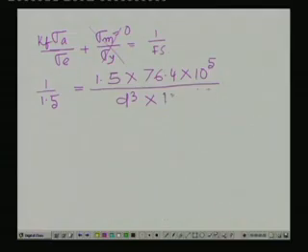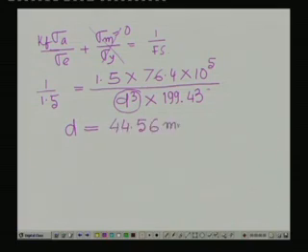Okay, this was 199.43. Which one is unknown? This parameter is unknown. So, after calculation one can find d to be something around 44.56. So, if you assume it to be 45 mm, then what do you get?